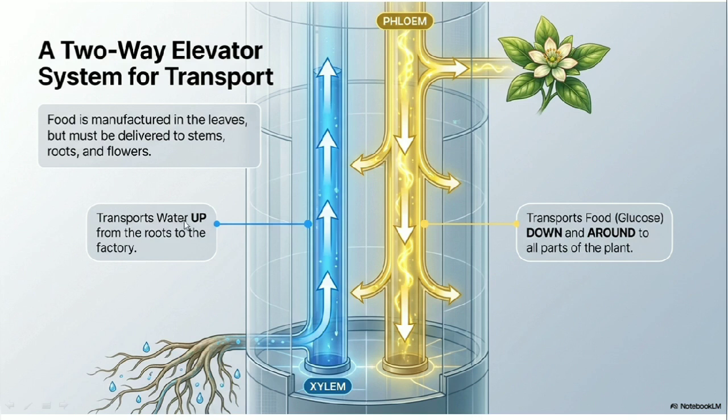The xylem transports the water up from the roots to the factory. Then the phloem transports food, glucose, down and around to all parts of the plant.